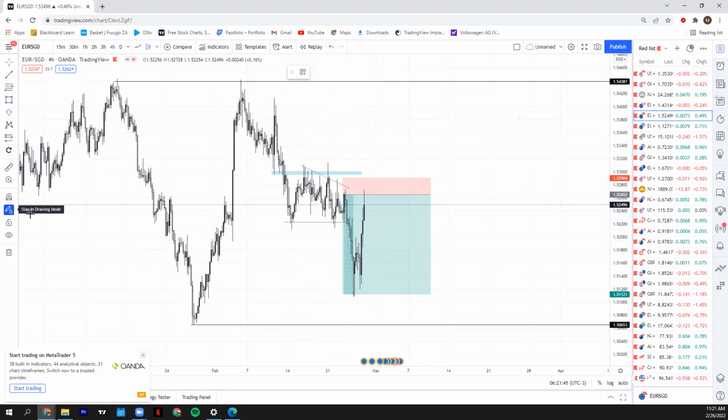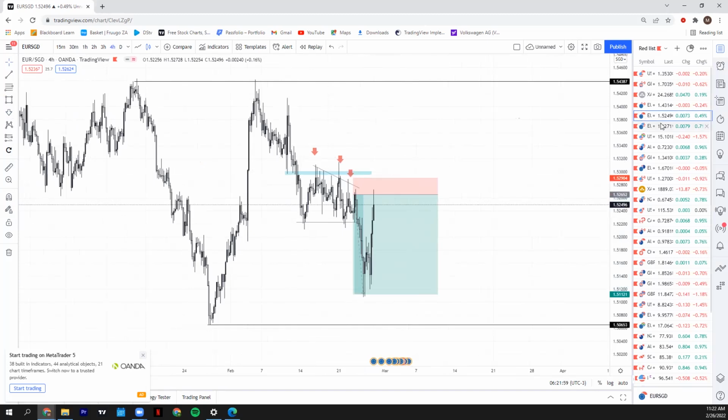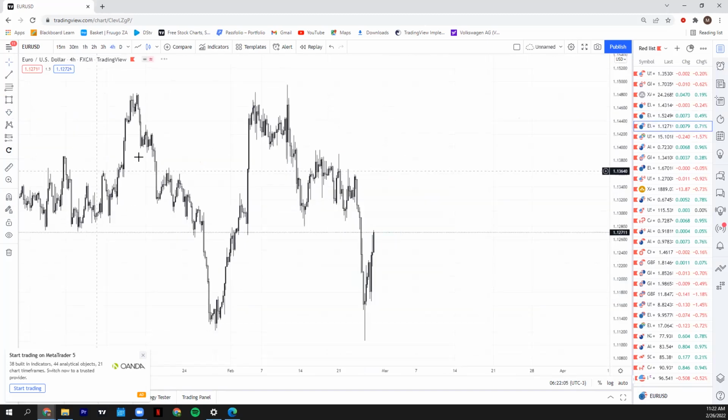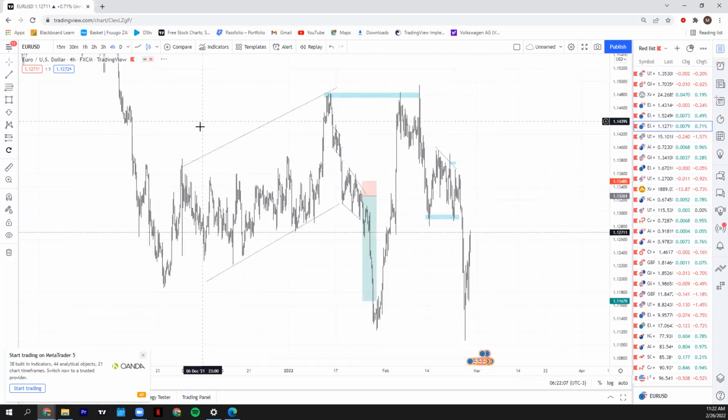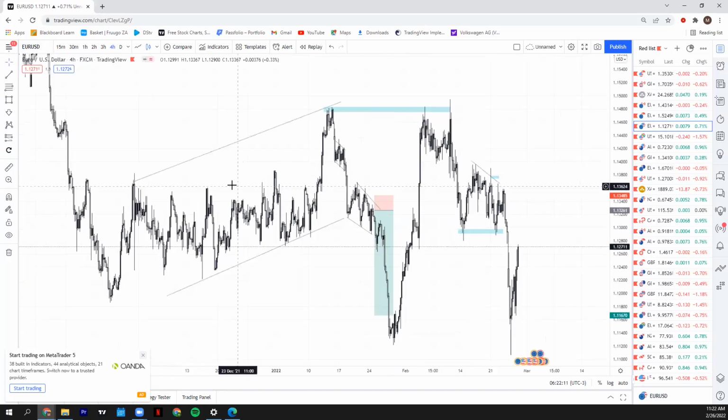Because it was first touch right here, second one, and basically these two could be the third touch. So it's just the same concept, and I had this trend with basically almost every euro pair.